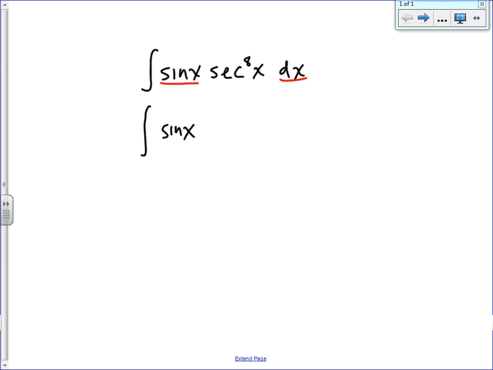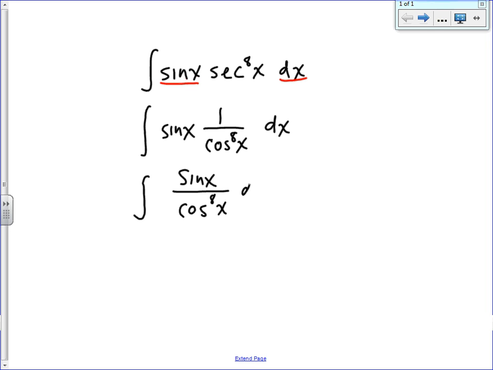Well, secant 8x is equal to 1 over cosine 8x. So again, I can further write this as sine of x, kind of clean it up, over cosine 8x dx.